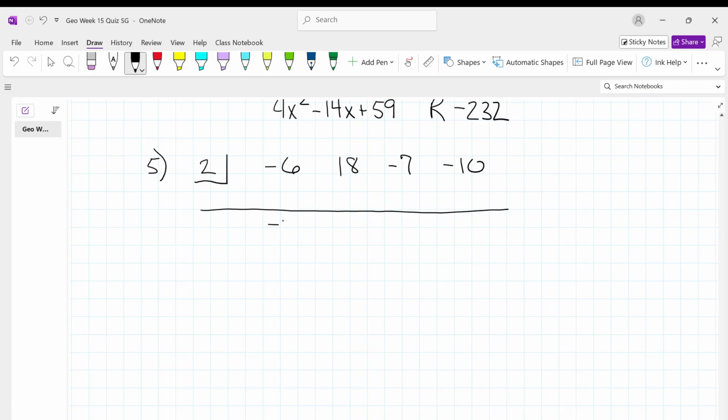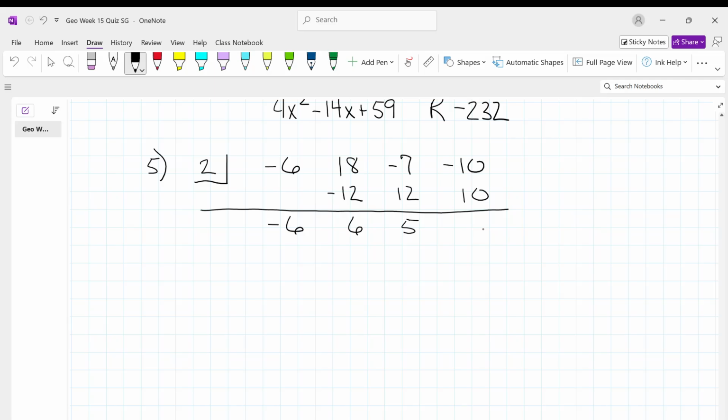Bring down this negative 6, and 2 times negative 6 is negative 12. 18 plus negative 12 is 6. 2 times 6 is 12. Negative 7 plus 12 is 5. 2 times 5 is 10.